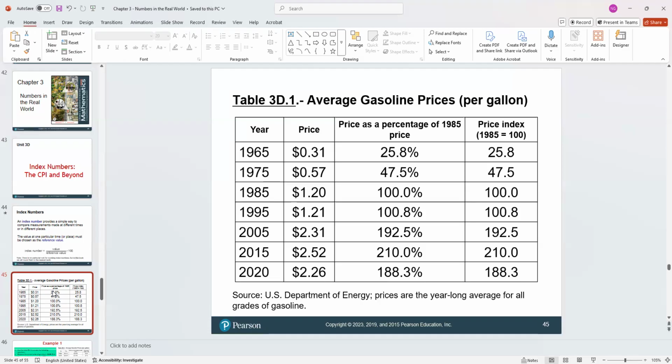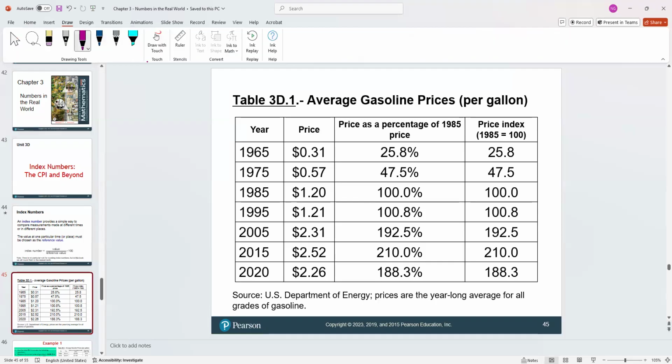If we divide, for example, the price of 1975 over 1985, we're talking about the price, that means you can take 0.57 over 1.20.